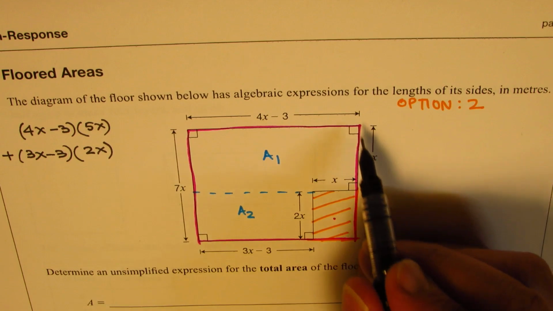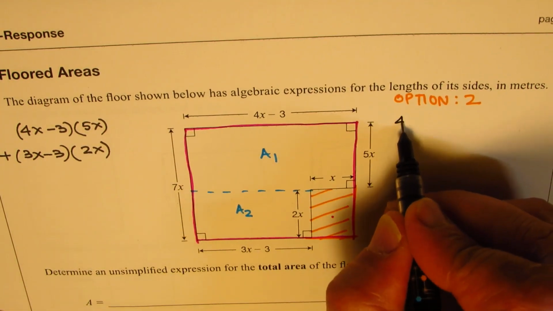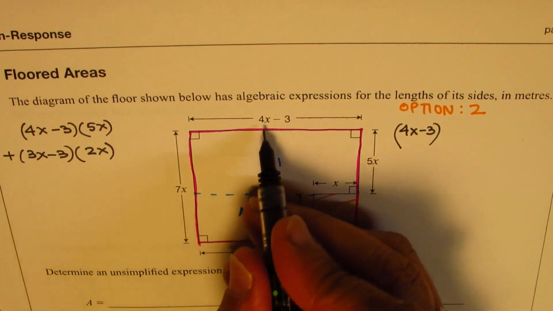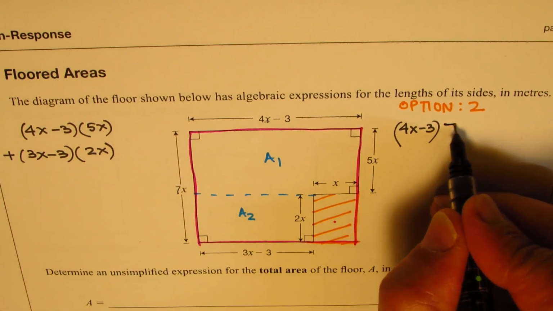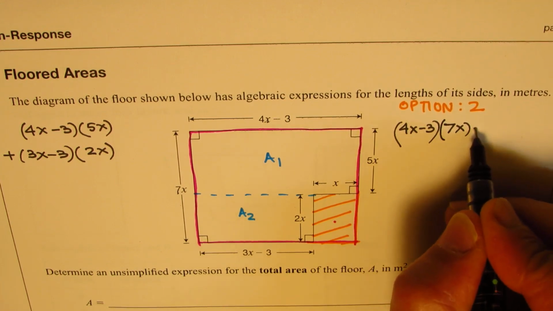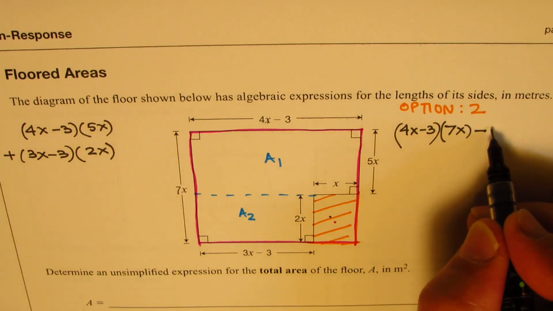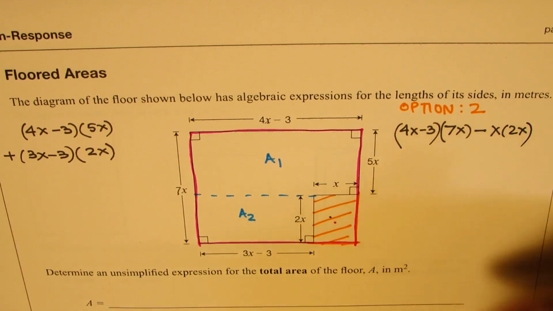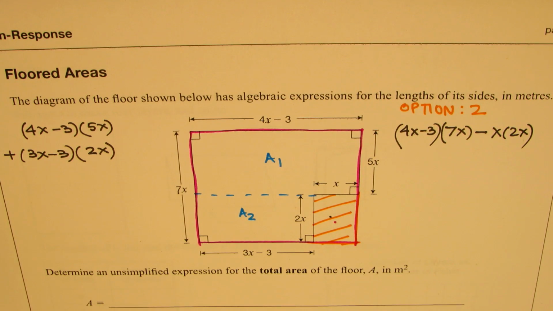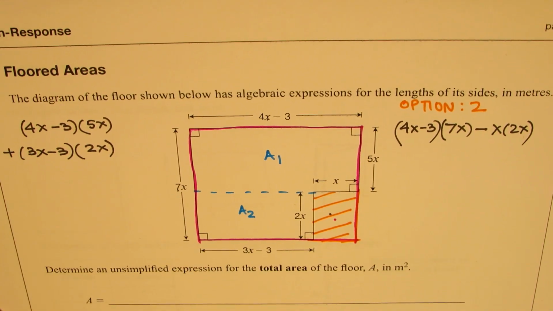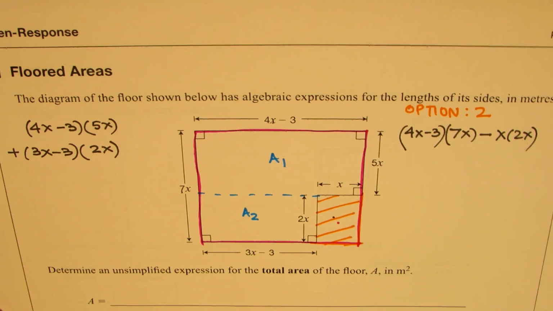So the whole area is 4x minus 3 times 7x, this length and width. And from this we take away this area, which is x times 2x. Is that clear? Both of these should give you the right answer. So when they say determine an unsimplified expression for the area, you could give both of them or any one of them as your right answer.